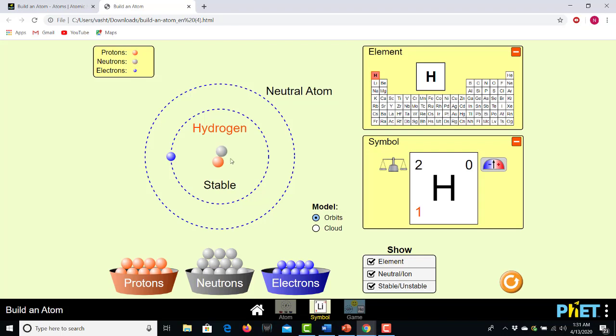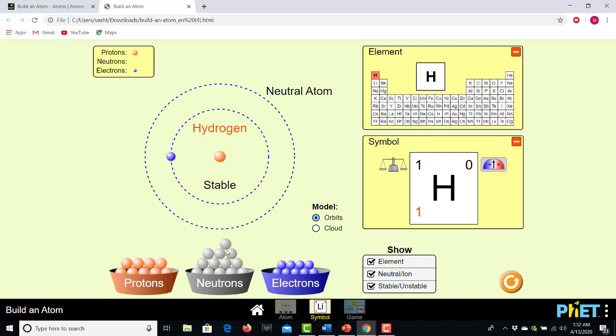The name of the hydrogen that has one neutron is deuterium. D-E-U-T-E-R-I-U-M. Deuterium, and it's also called heavy hydrogen. However, the majority of hydrogen that we find in nature is hydrogen with no neutron.